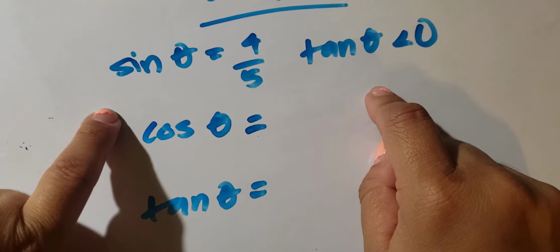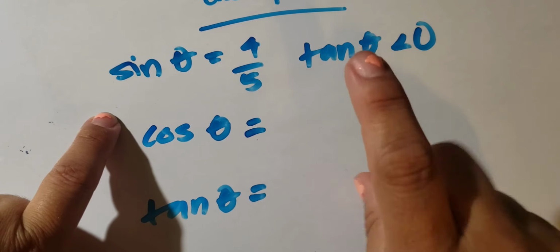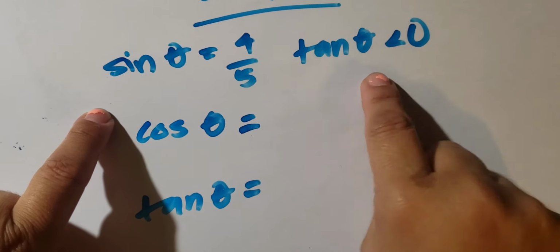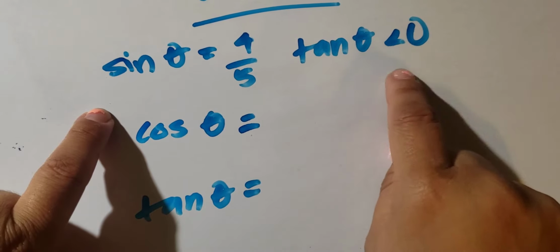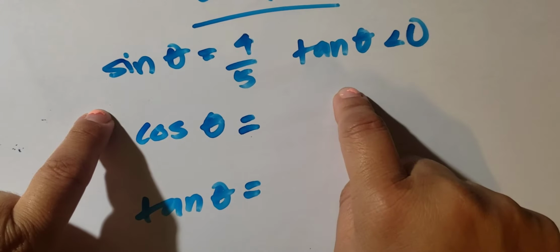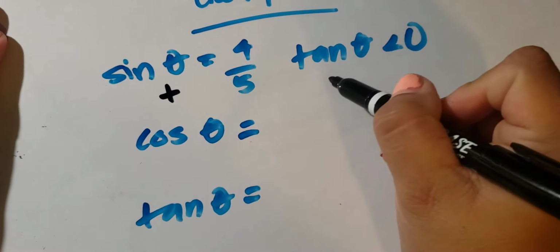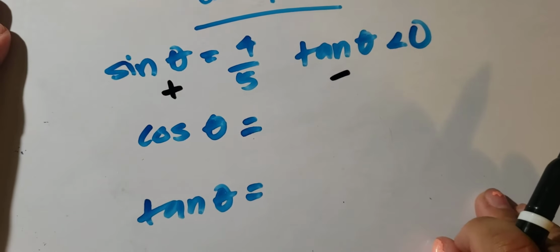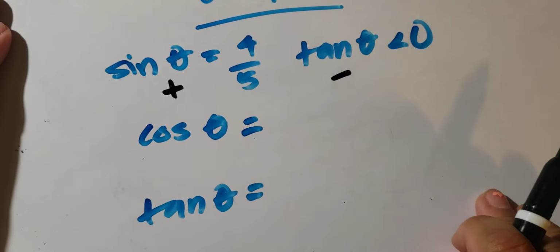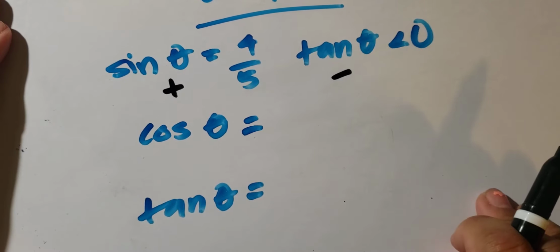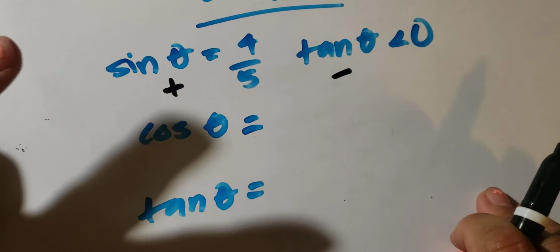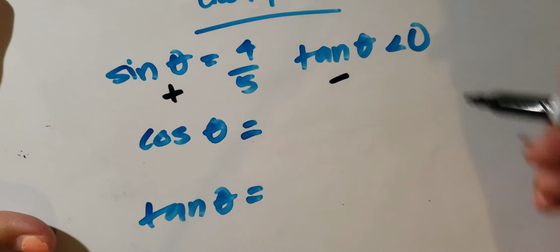Okay, and if you look, that's either quadrant 1 or quadrant 2. But then tangent has to be less than 0, so then tangent has to be negative. So sine is positive, tangent is negative. And if you look, that belongs to quadrant 2.